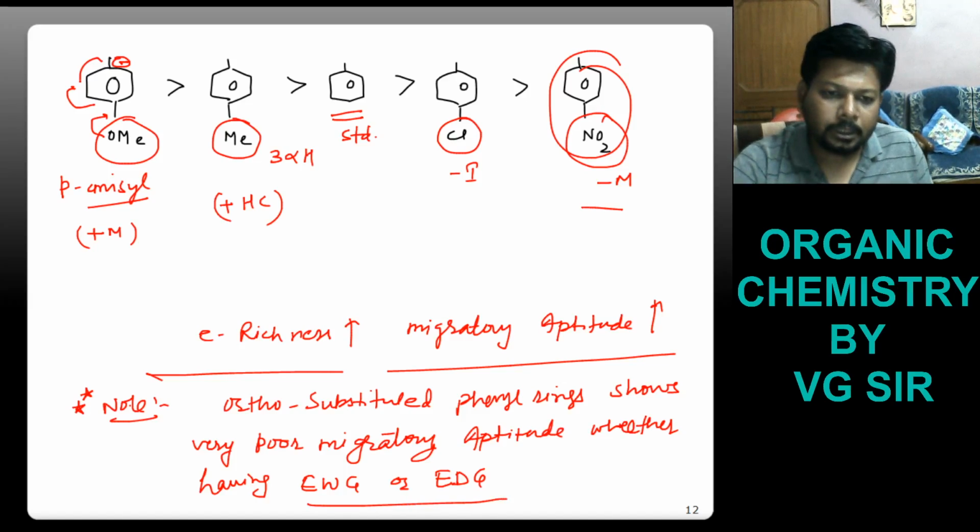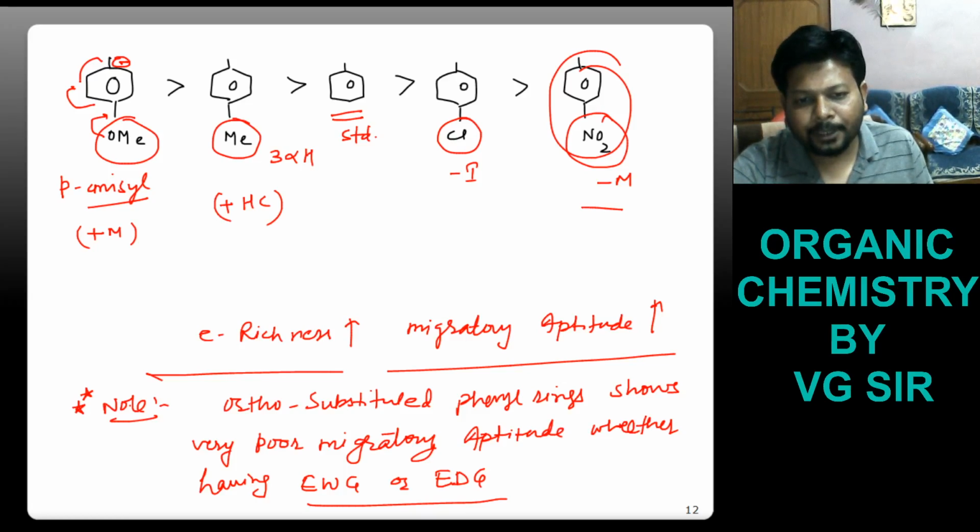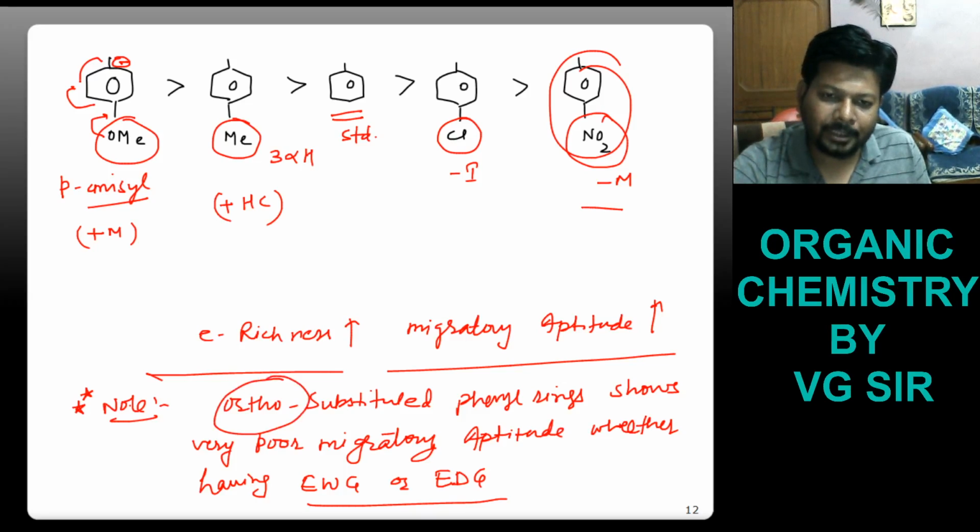That is, irrespective of the nature of the group, if the phenyl ring is ortho substituted, then it will be very poor in migratory aptitude.